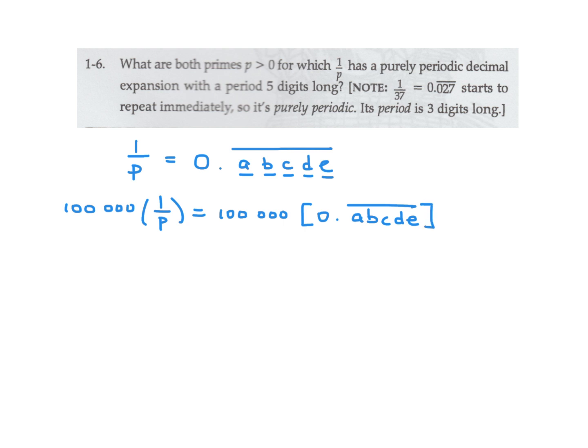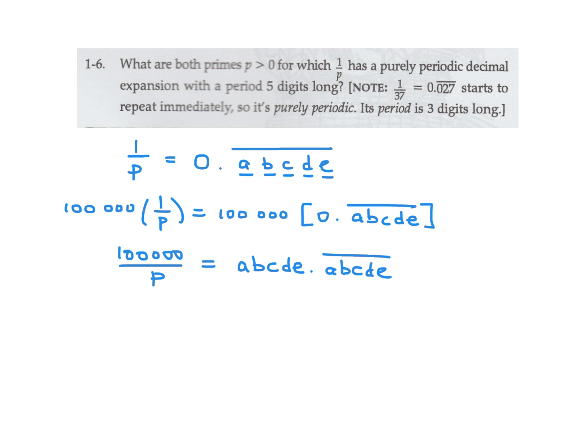When I do, this side becomes, let's think about this. What does it become? 100,000 over p? Yeah, not much difference there. But this side, of course, becomes A, B, C, D, E, and then the A, B, C, D, E, of course, just keeps on repeating.